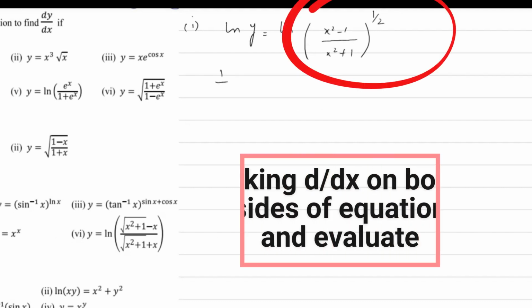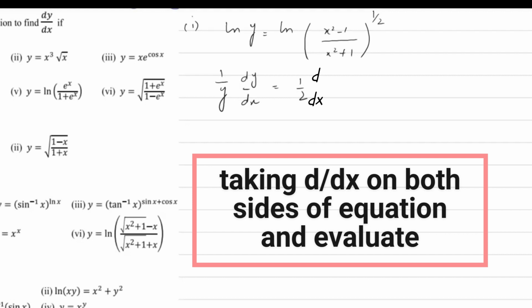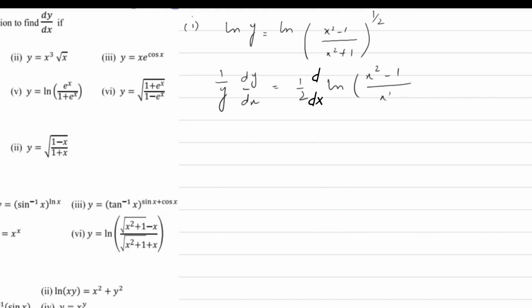so it would be 1 upon y dy by dx, and this 1 upon 2 is coming out, and we have ln x square minus 1 by x square plus 1. We know that whenever we are having u by v, so ln is applied on u by v, so ln u minus ln v will be there.